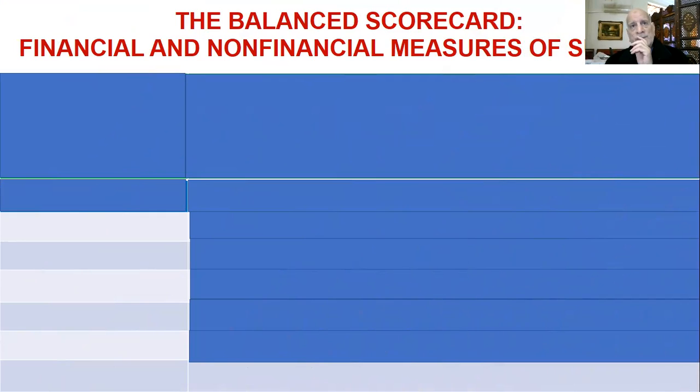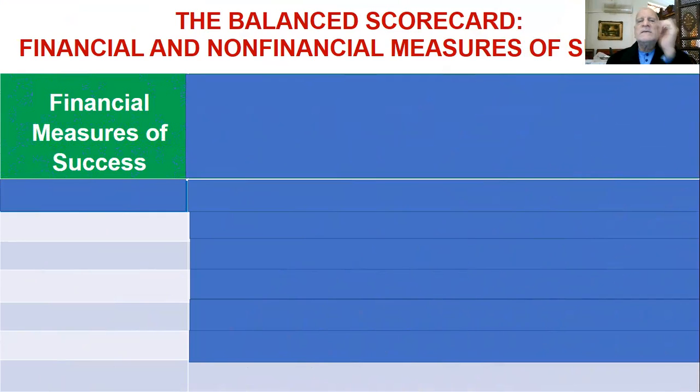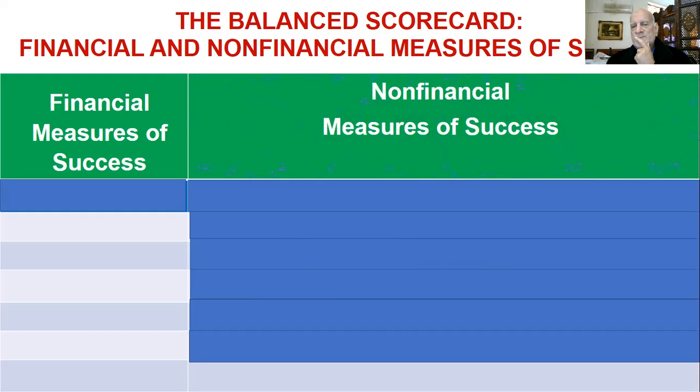As you see now, the left column in this table represents the financial measures of success, and the right column in the table displays the non-financial measures of success. As for the financial measures of success, it is sales growth.